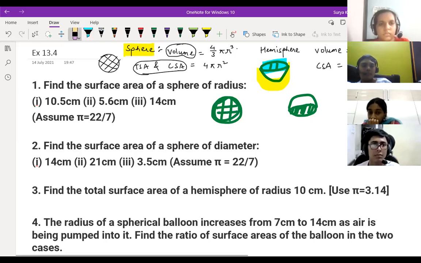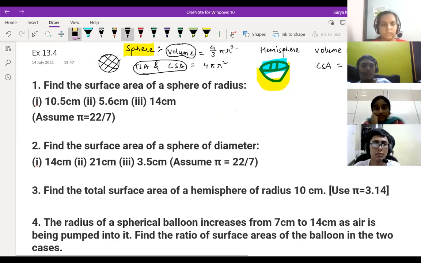In case of a hemisphere, CSA is different and TSA is different. Try to understand, Shriyanvi, Ashini and Taruni. In a sphere, either you can say the whole is CSA or TSA, because the whole sphere is curved surface area. So there is only one formula for CSA as well as TSA.